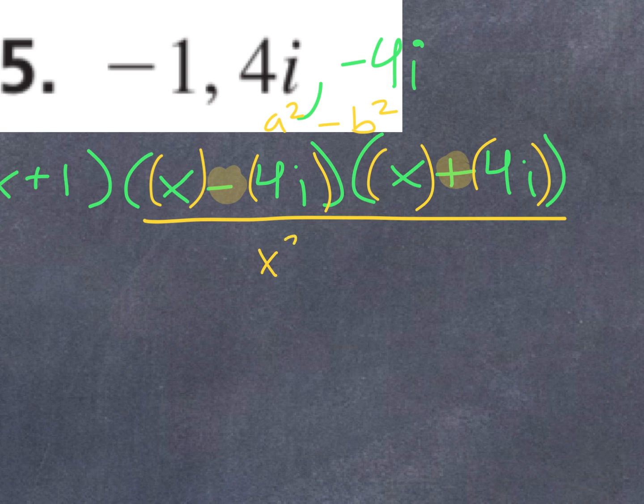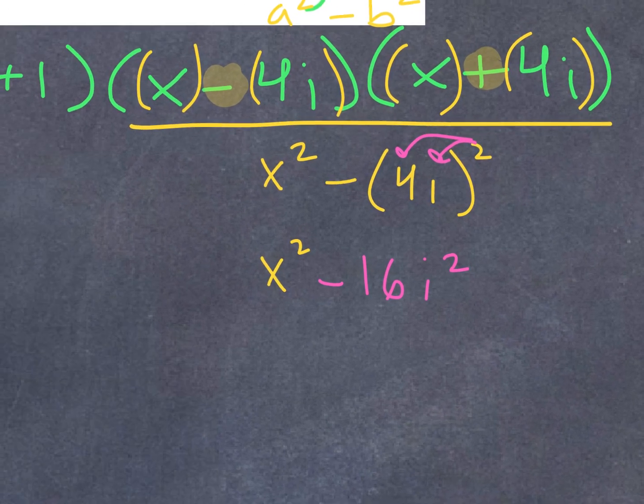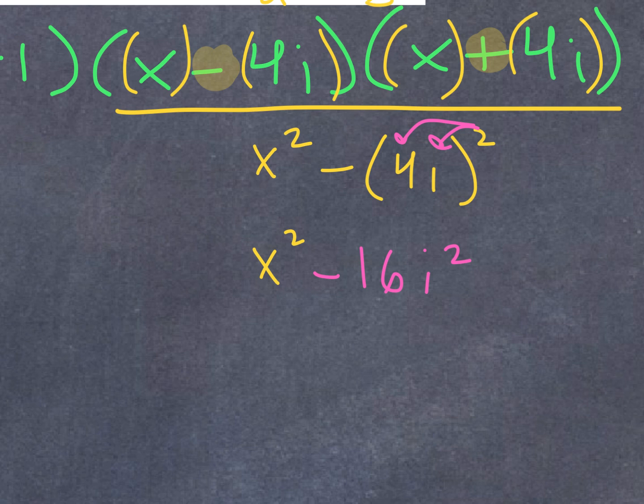So we have x squared minus 4i squared. So x squared here, we have to distribute the squared to the 4 and the i. So this would turn into minus 16i squared. Well, what did we say i squared changes to? Negative 1.